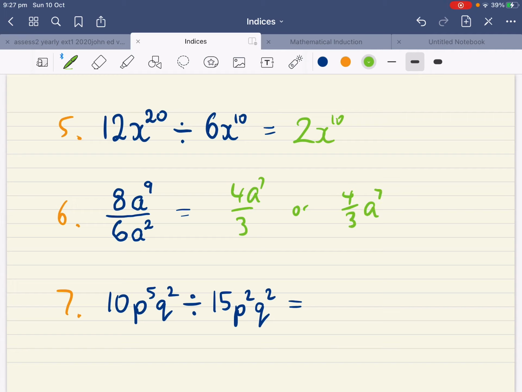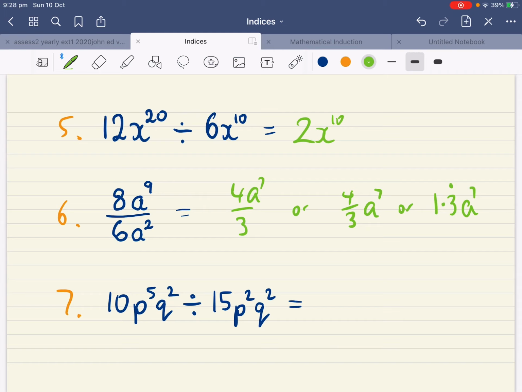Or, if you typed 8 divided by 6 into your calculator, it probably would have written it as a decimal for you. Actually any one of those 3, including the 1.3 repeating, would be mathematically 100% correct. So definitely give yourself a tick if you got one of them.